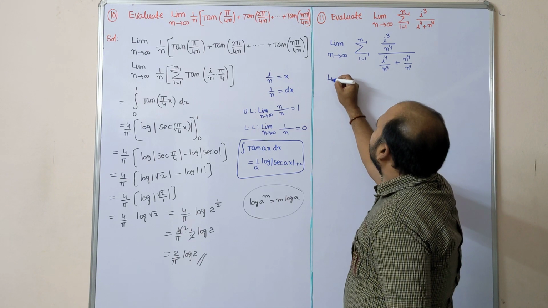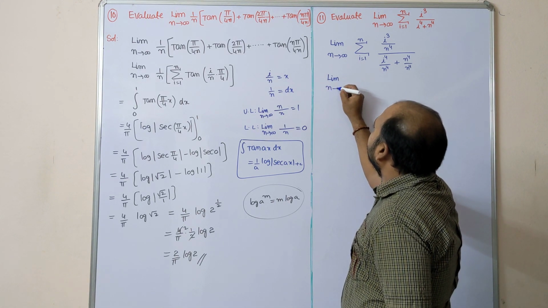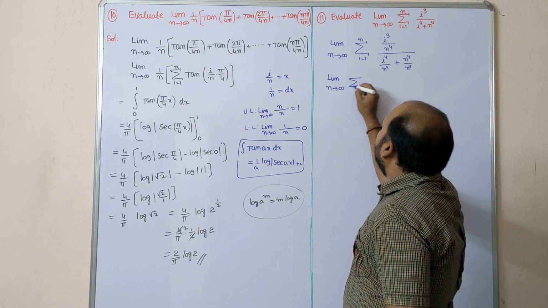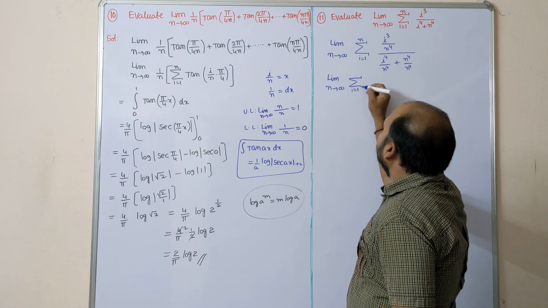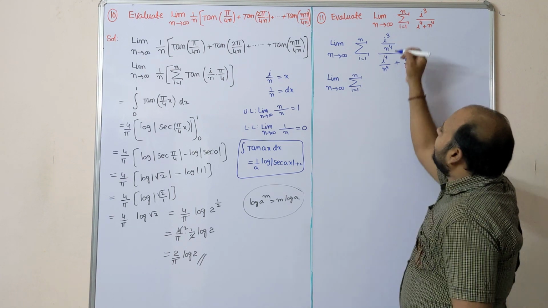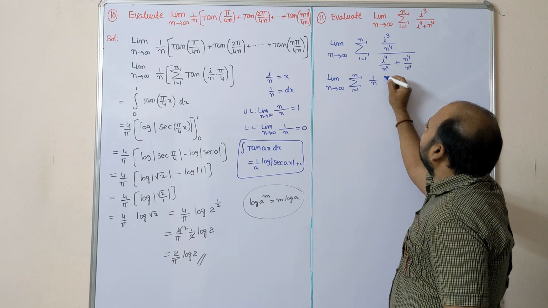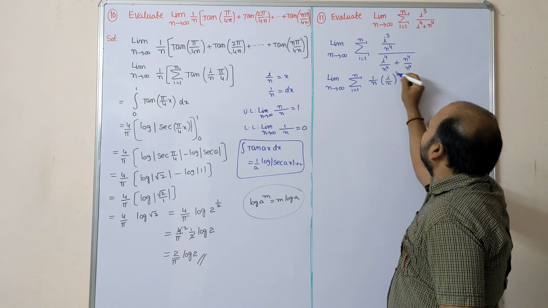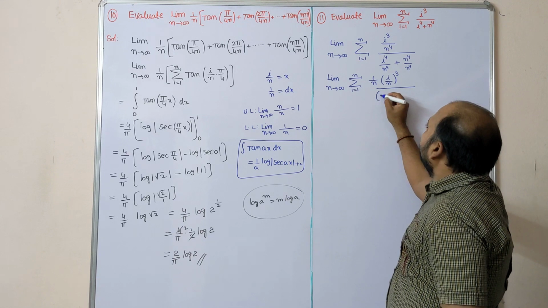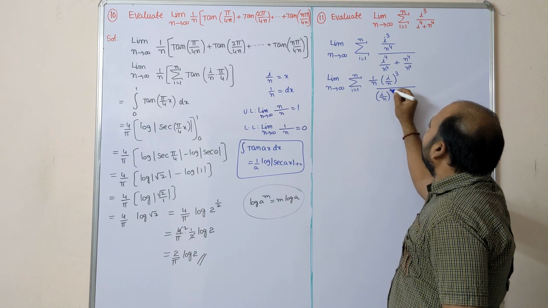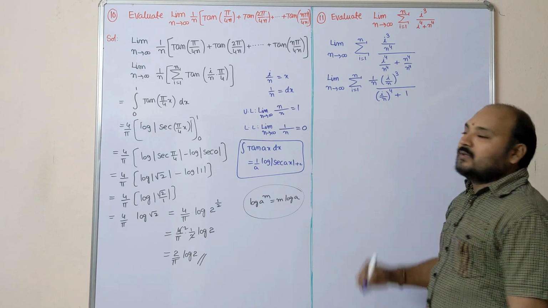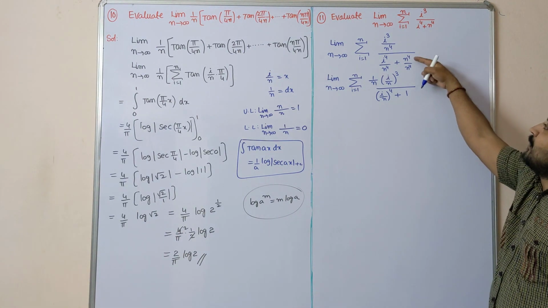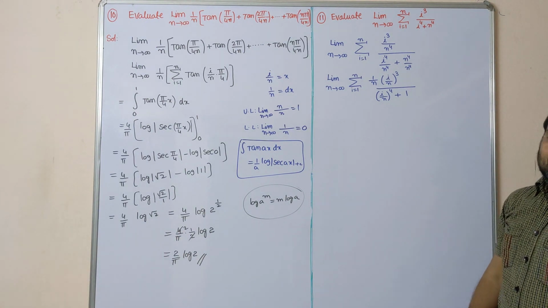So limit n tends to infinity, sigma i is equal to 1 to n. This can be written as 1 by n, i cube by n cube, that is i by n whole cube, divided by i by n whole power 4 plus 1, n power 4 by n power 4.